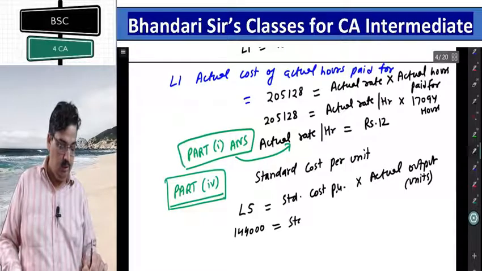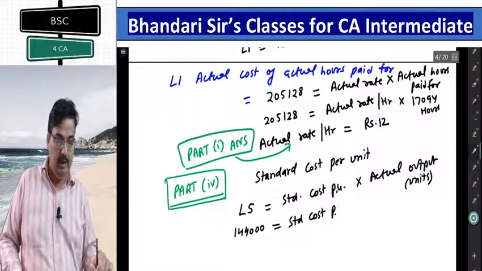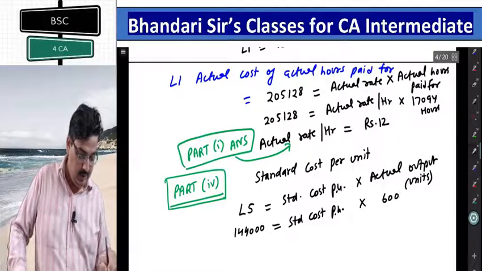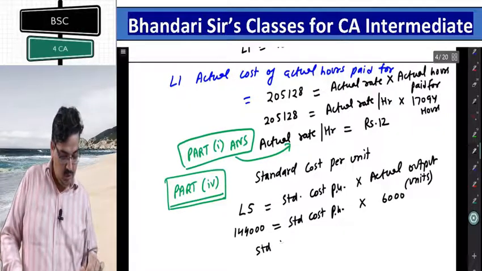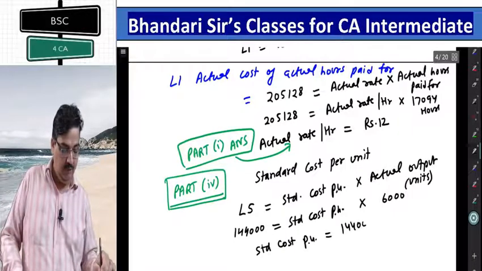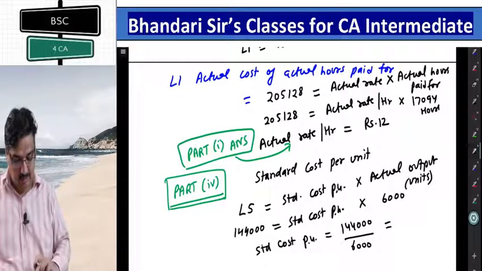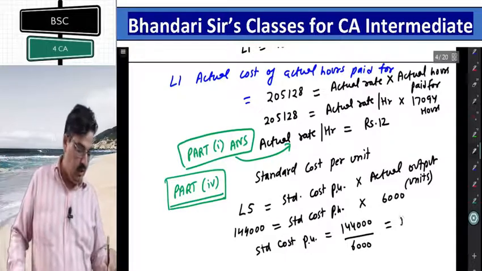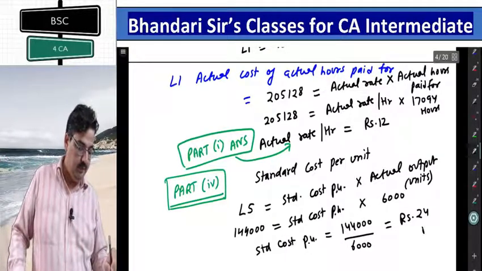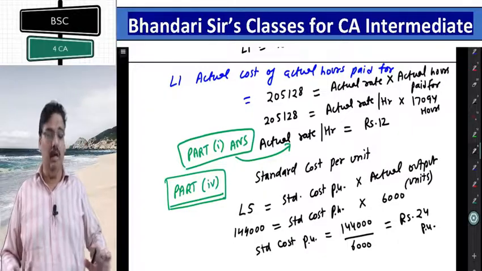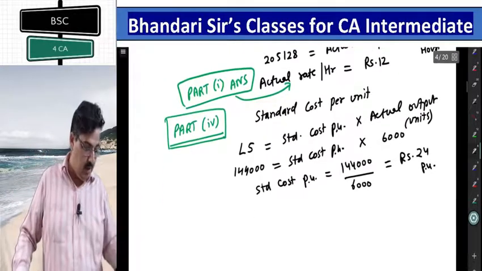It is equal to standard cost per unit multiplied by actual units produced, which were 6,000. So standard cost per unit equals 1,44,000 divided by 6,000 units. This is rupees 24 per unit. There are many ways of reaching the same figure. I am doing the easiest way I can explain to you.